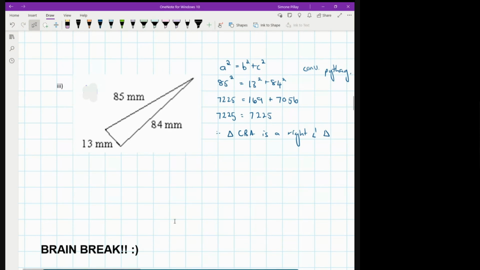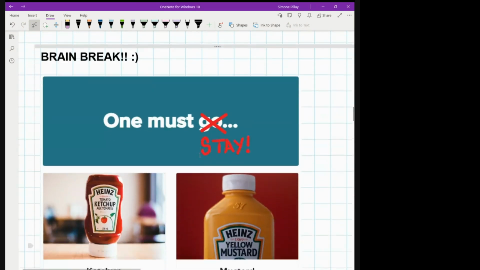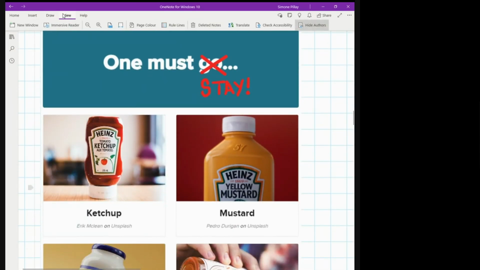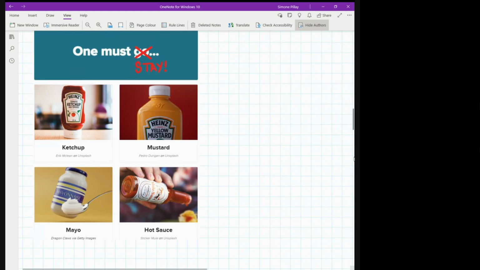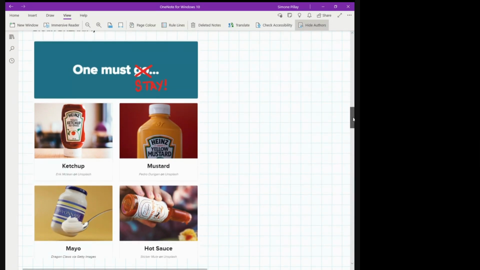So we have our brain break. I finally did one must stay, by the way. I took one of our first ever one must goes, from when I was still getting them from the internet. If you didn't know, I make the one must goes myself every time, and that's why I've run out now. So one of our first one must goes, we've changed it now to one must stay. If you had to get rid of 3 of these items and only keep one, what would you keep?